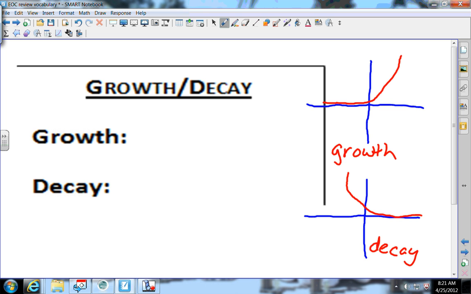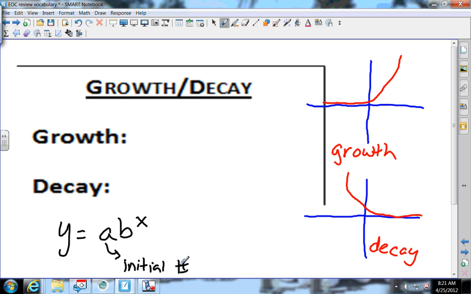Now, the formula for growth and decay, we had y equals a b to the x. Actually, let me move that to a different spot so I can write some more notes on there. First off, what was this a? This number right here would tell us the initial population, the initial amount of cells we start with.